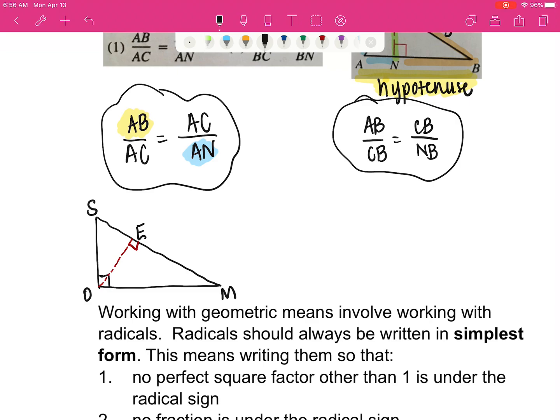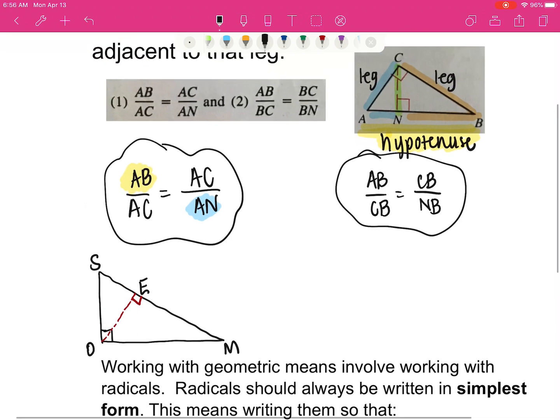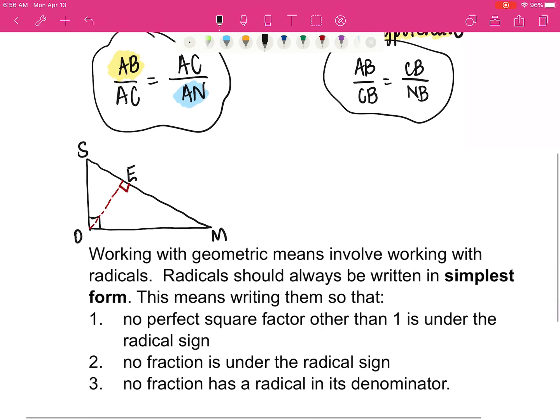Okay. So here I have this right triangle SOM. I drew an altitude OE, and I want to create these proportions.